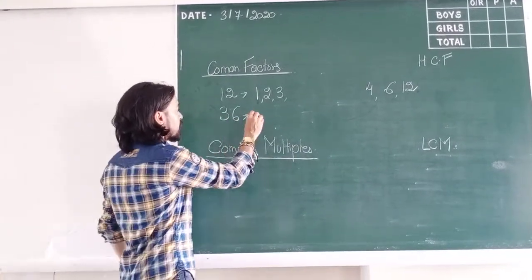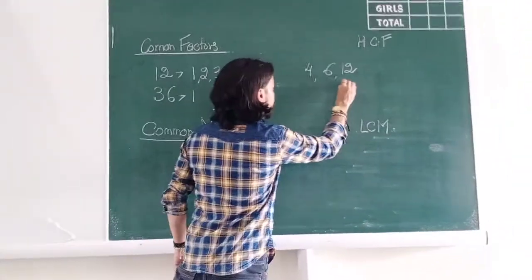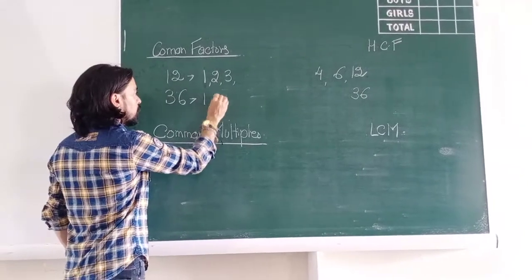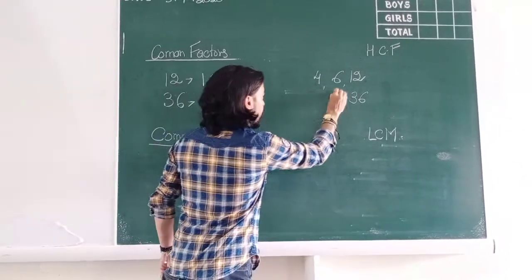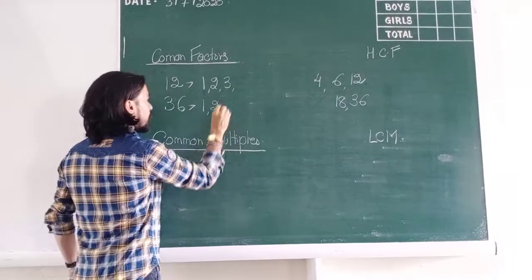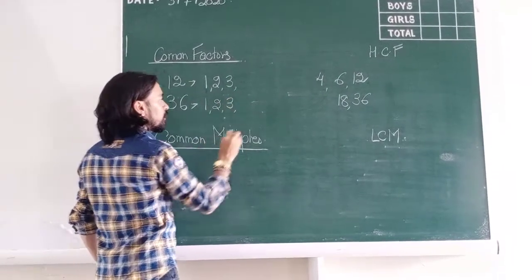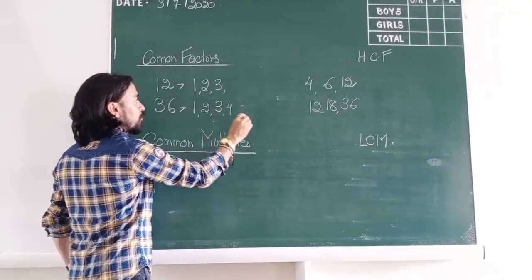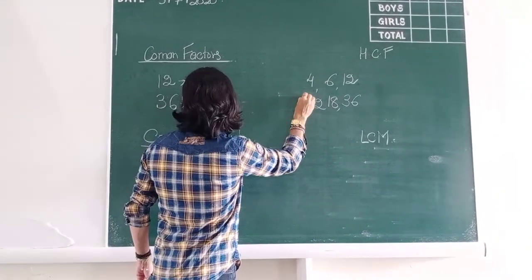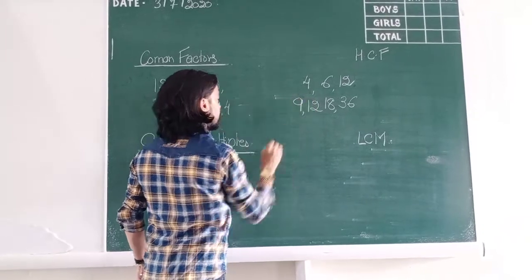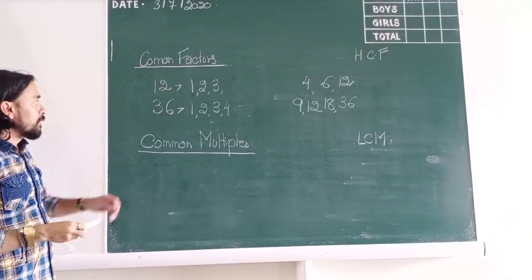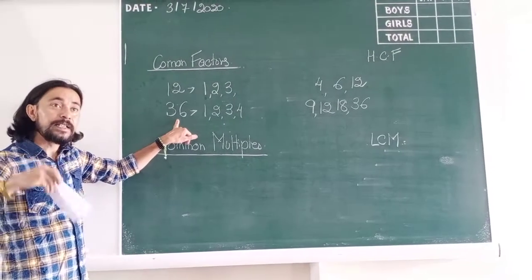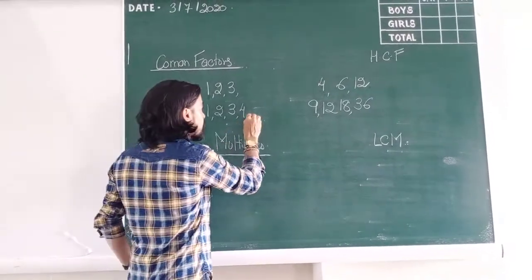Let's take the factors of 36. 1, 36. 2, 18. 3, 12. 4, yes, 4, 9. Next number is 5. But 5 does not go in 36. Next number, 6. 6 6s are 36.